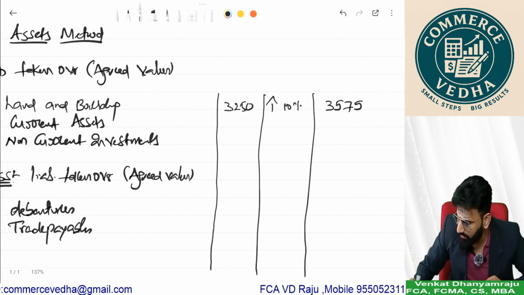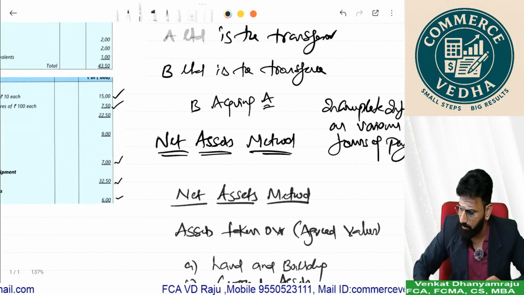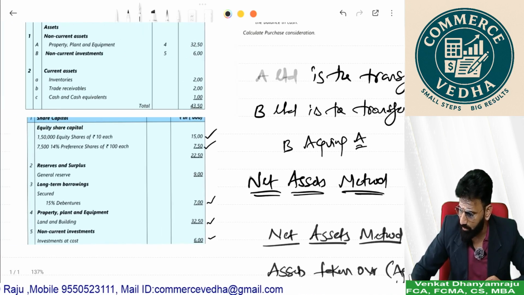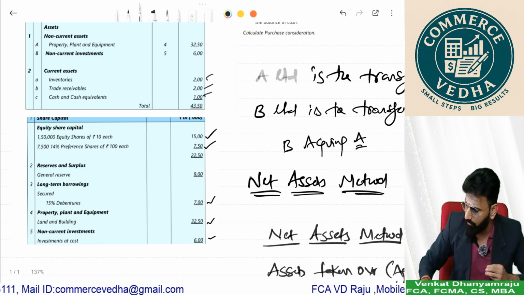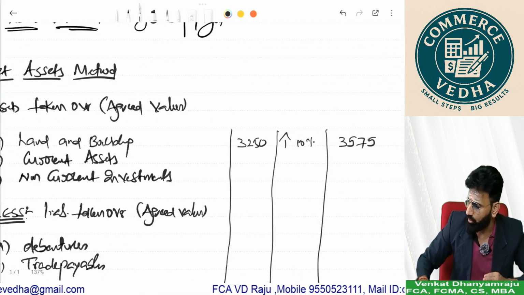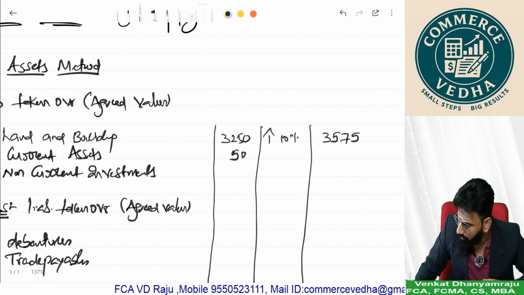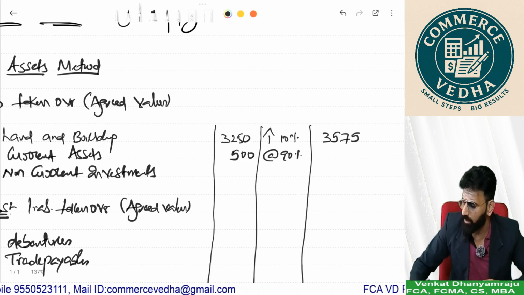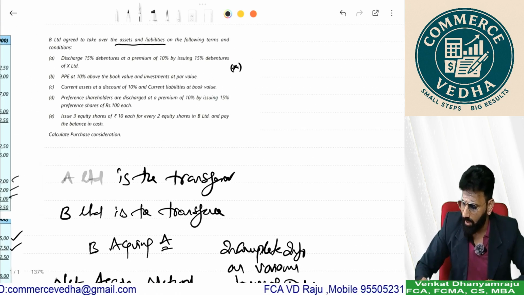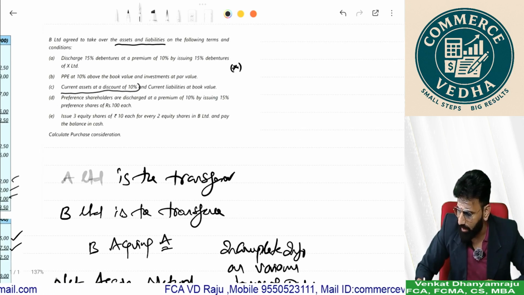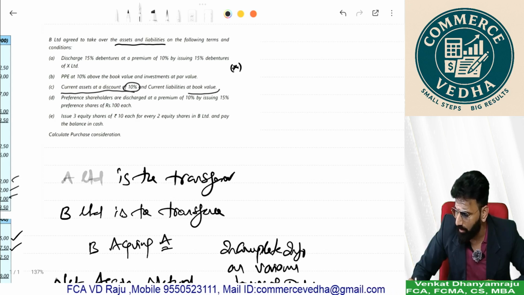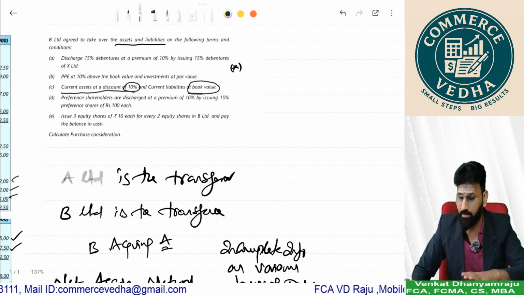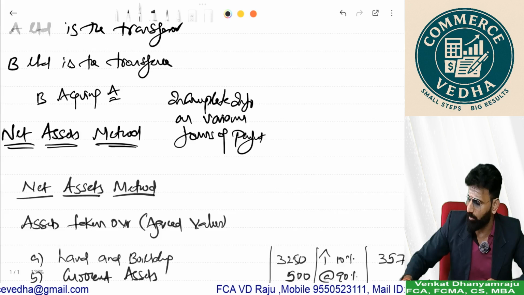And current assets, the book value here is 2 plus 2 plus 2 plus 2 plus 2 plus 2 plus 1, the total current assets book value is 5. Taken at 90%. Read the question again: current assets at a discount of 10% and current liabilities at book value.